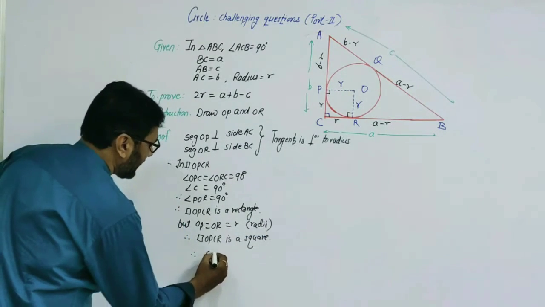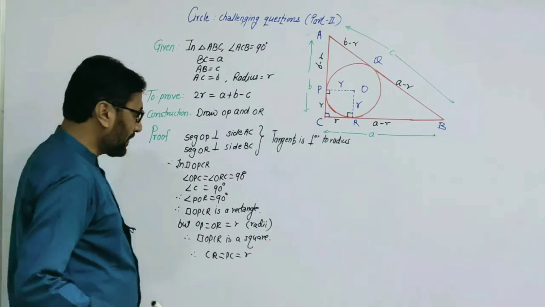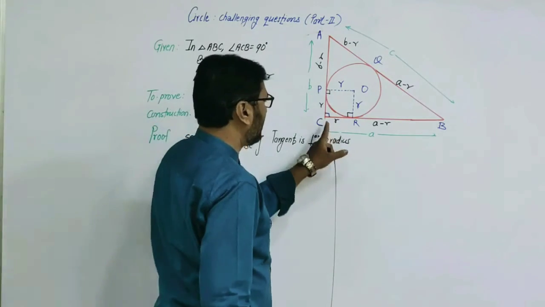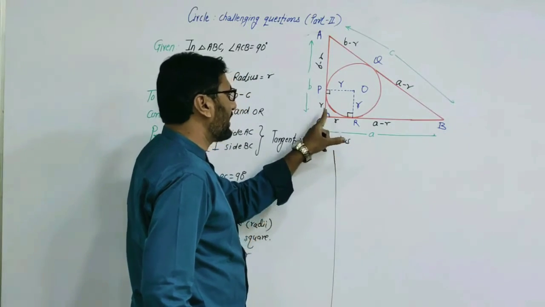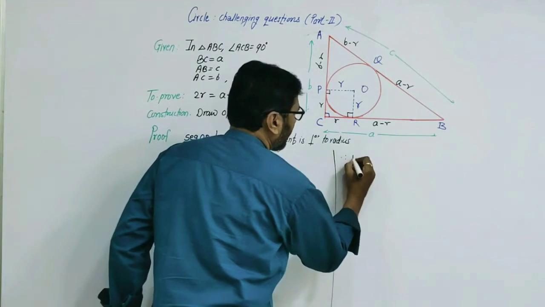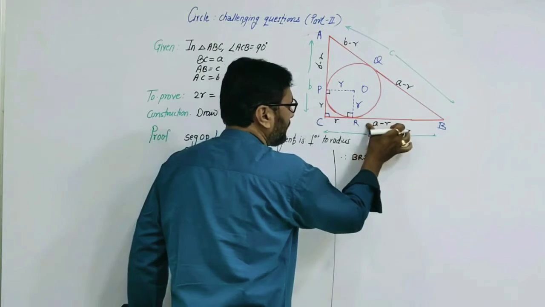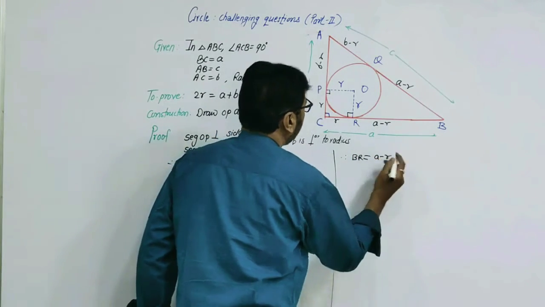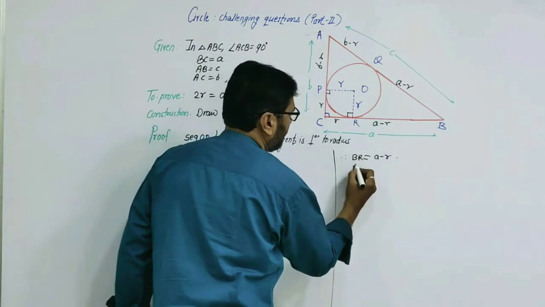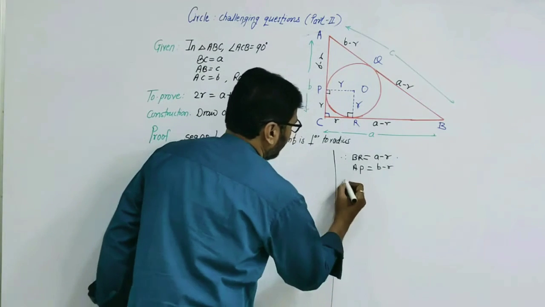Therefore, CR is equal to PC is equal to R. After proving this quadrilateral as a square, after getting the value of CR is R and CP is R, we can find BR and AP. So therefore, BR is equal to, this is a, this is R, this would be a minus R. Similarly, if this is R, this whole length is b, so AP is equal to b minus R.